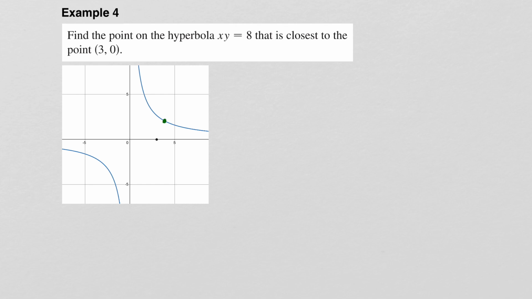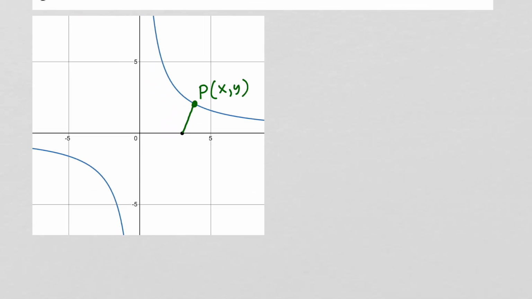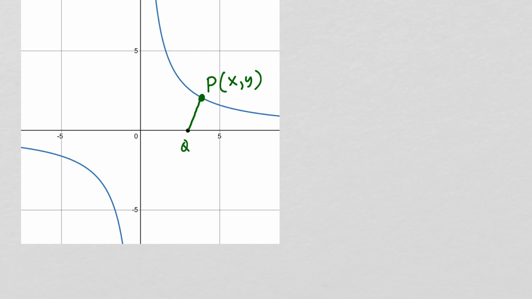There seems to be a point here that we'll call point P, and we'll give that coordinates x, y, such that this distance between point P and point Q, which we'll call the point 3, 0, this distance needs to be a minimum.